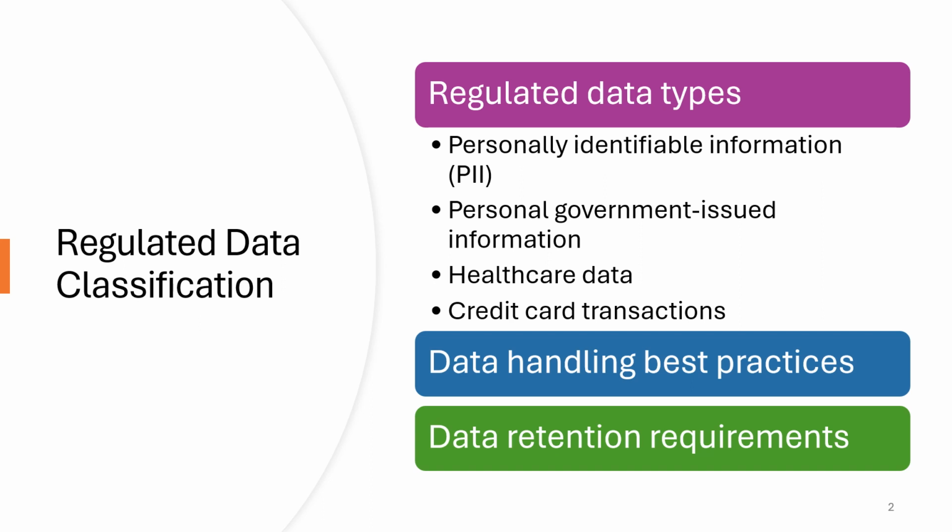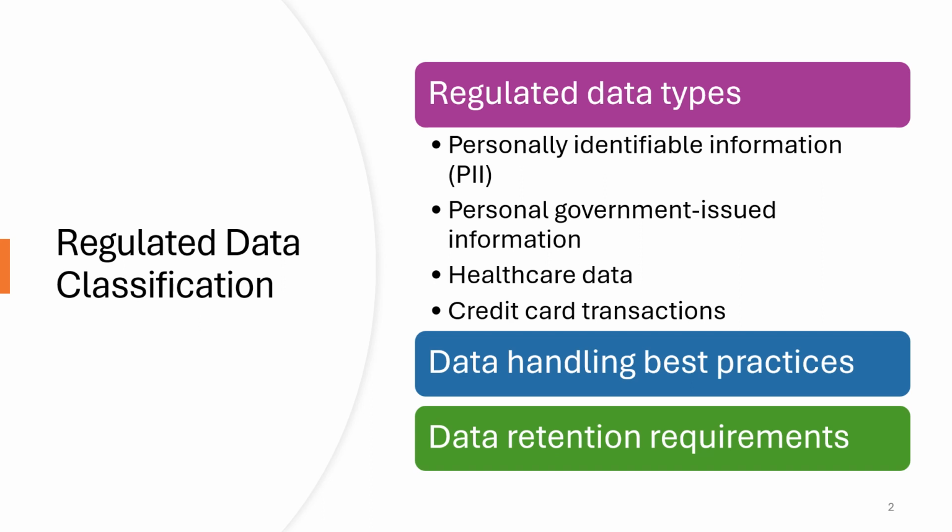Common regulated data types include personally identifiable information, PII. This includes data that can be used to identify a specific person, such as name, address, social security number, phone number, and email address.